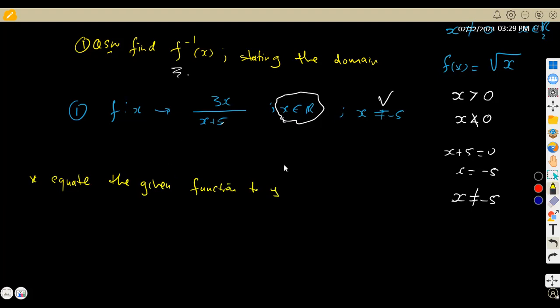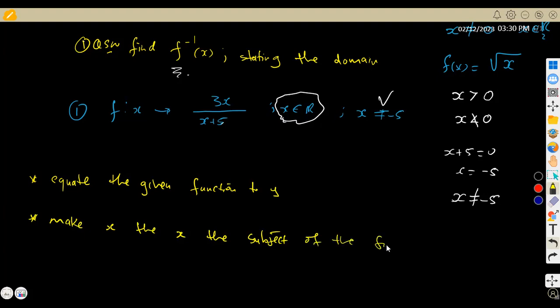You're just introducing a certain equation of your choice, y is equal to the function. Then from there, make x the subject of the formula.